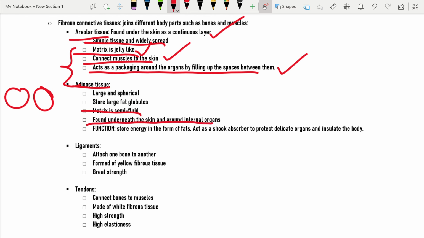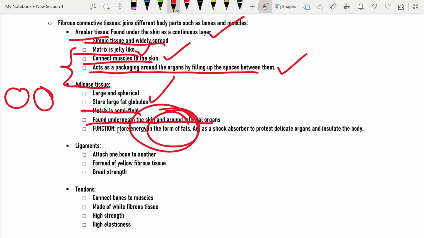The function is to store energy in the form of fats, act as a shock absorber to protect delicate organs, and insulate the body. You don't want shocks on your body, so that's why it acts as a shock absorber, and it stores energy in the form of fat, as we learned before.